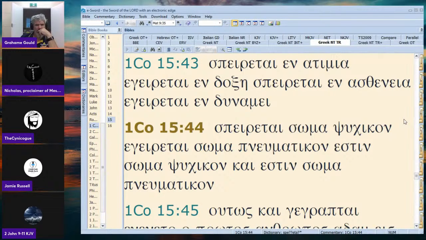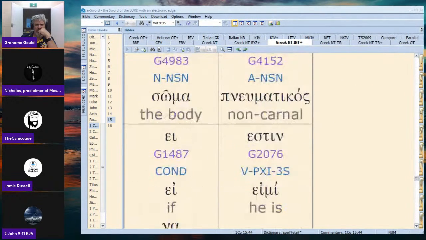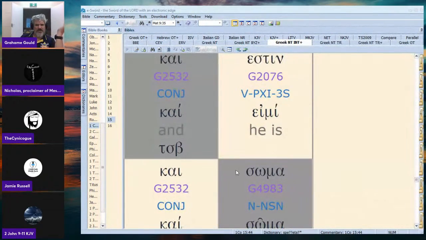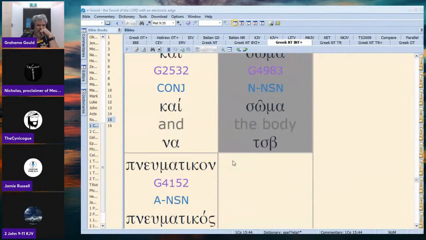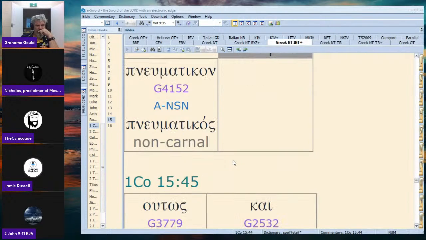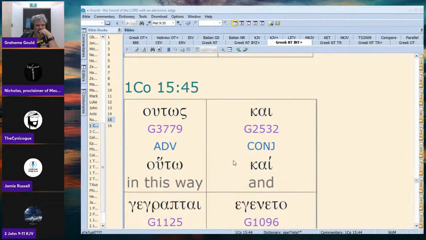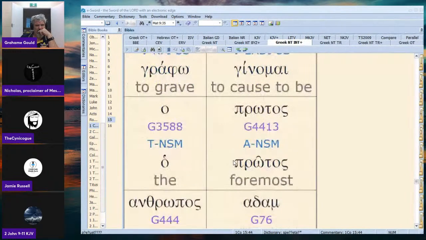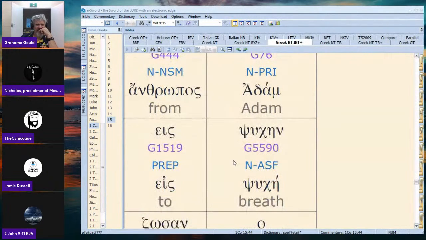Can you pull it up with the Greek and the English? If I pull it up with Greek and English, it does pull up the variants as well, and it tells you what is TR and what isn't. I'm thinking of that one where it shows the verse in a verse form, if you can, but I don't have that.